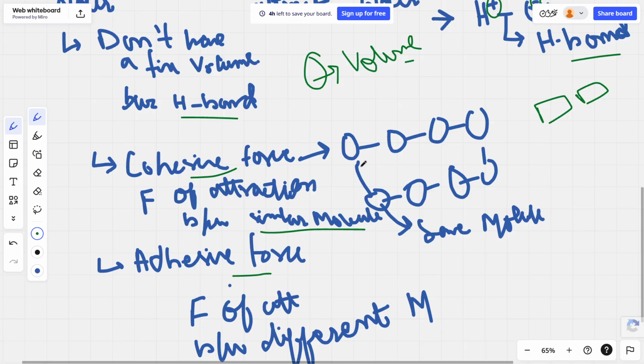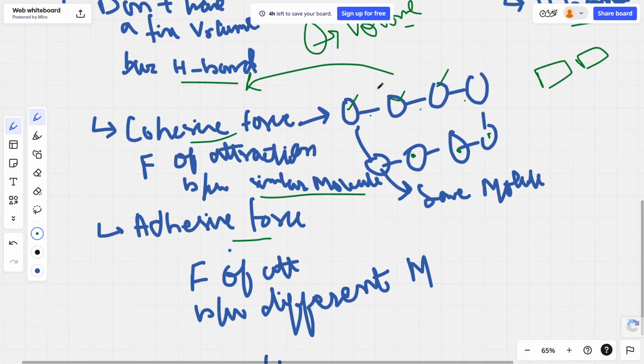This is the structure of a cohesive bond: molecule, bond, molecule, bond, molecule, bond. Every molecule is attached to another molecule. These molecules present here are the same type of molecule. So this is a cohesive bond.